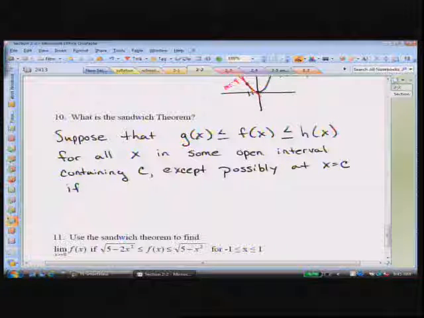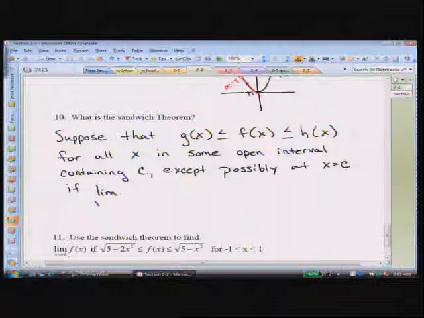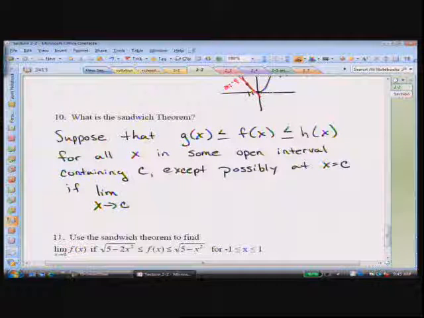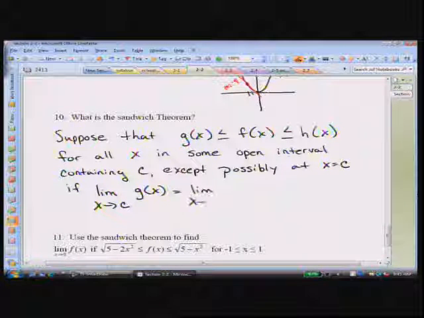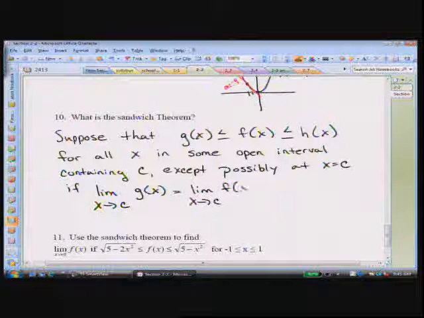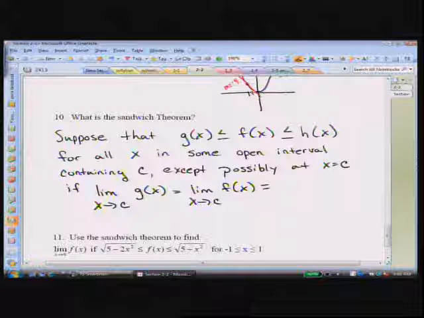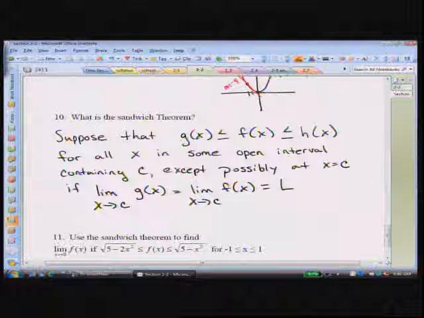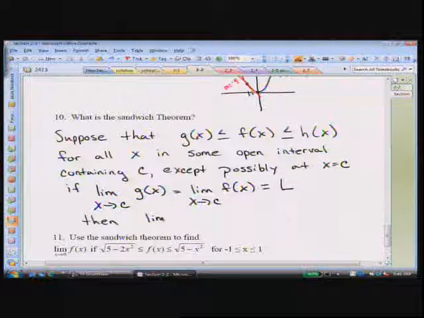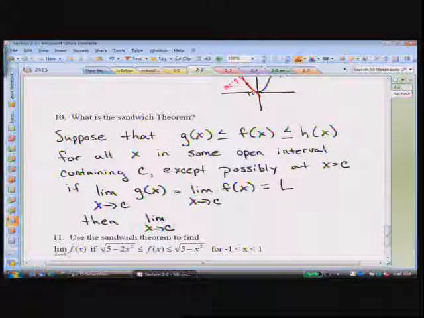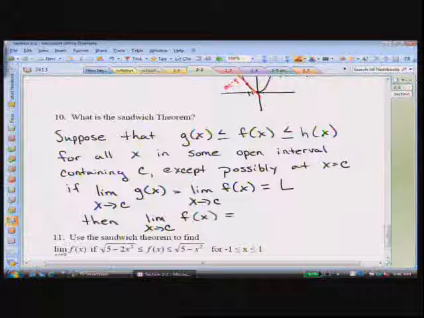If the limit as x approaches c of g of x is equal to the limit as x approaches c of h of x, and those are equal to some finite number L, whatever it is, if you get the same limit for g of x and for h of x, then the limit as x approaches c of f of x, that's the meat.